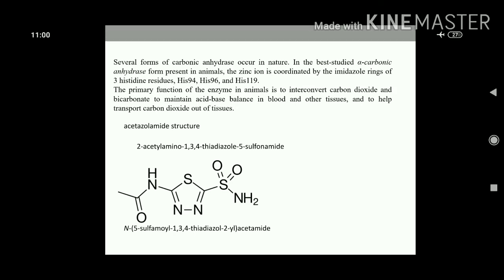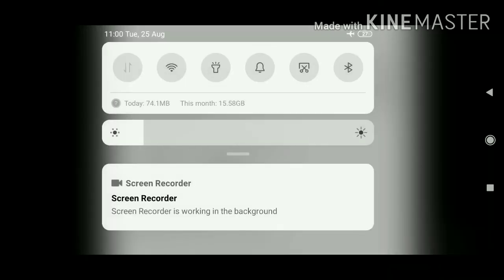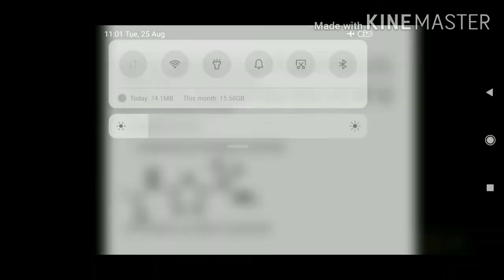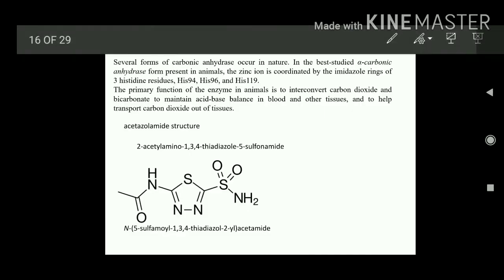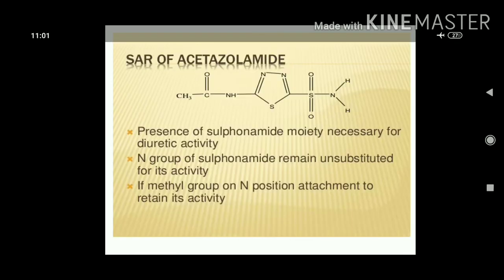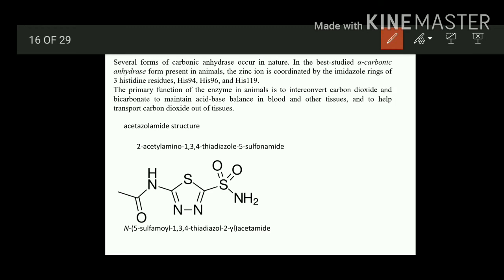The basic nucleus is thiadiazole, with two nitrogen atoms.